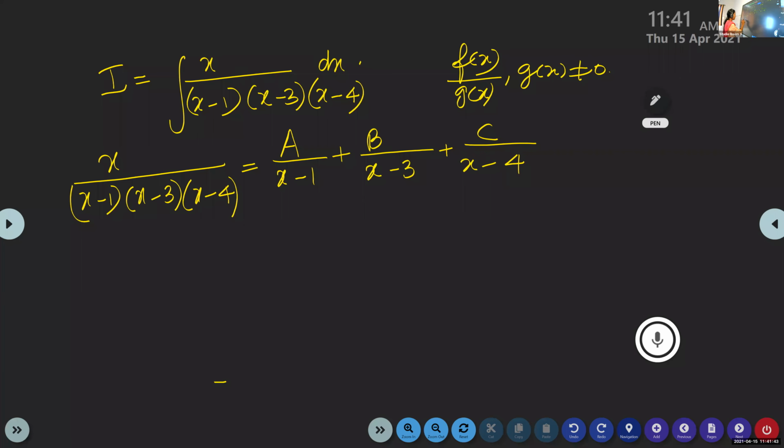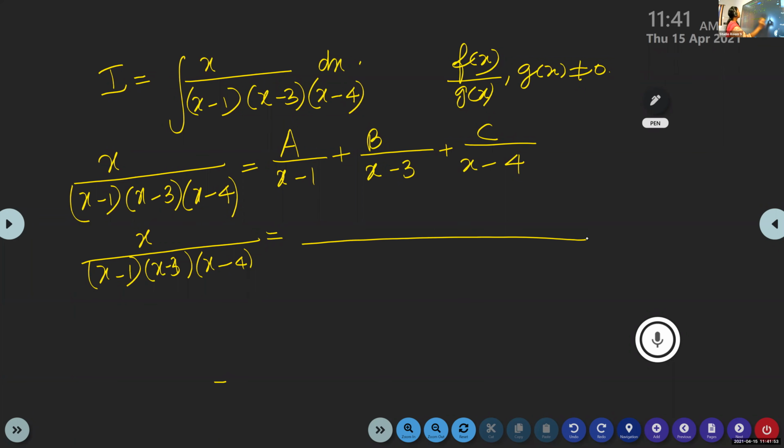For that, what are you doing? We'll be taking the LCM, like how we do usual additions of fractions, the same method. Here, the common denominator will be x minus 1 into x minus 3 into x minus 4.